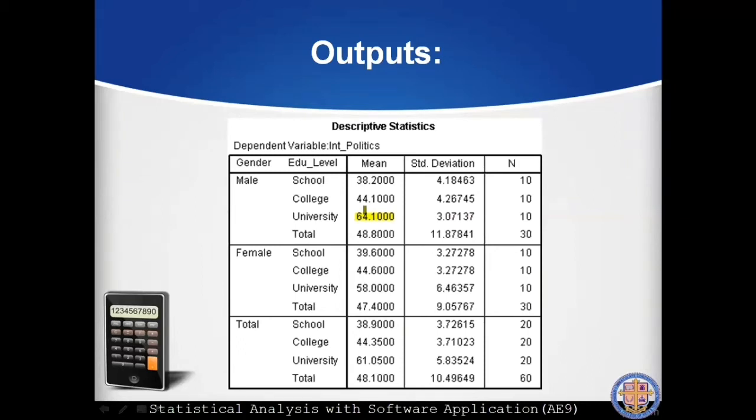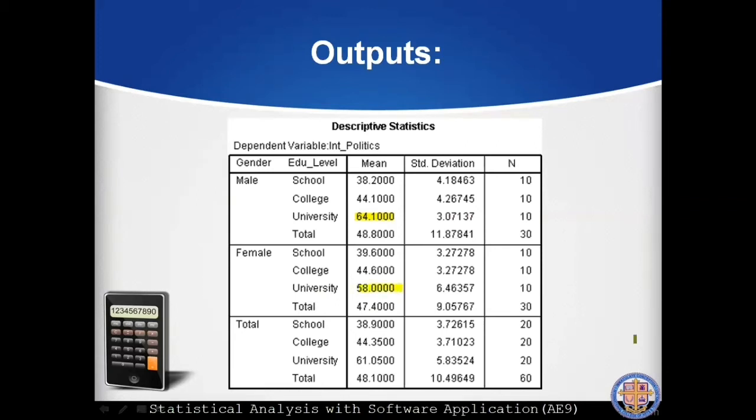Kaya mas marami interested sa university. When it comes to female, still, we have the same sequence. It gets higher and higher the more you turn into higher education. Diba? From school, high school, let's say for example, 39.6 yung kanyang mean, college, 44.6, tapos university, ayan ang highest.